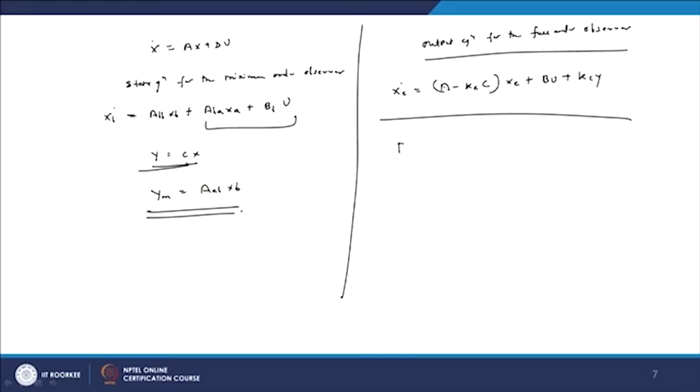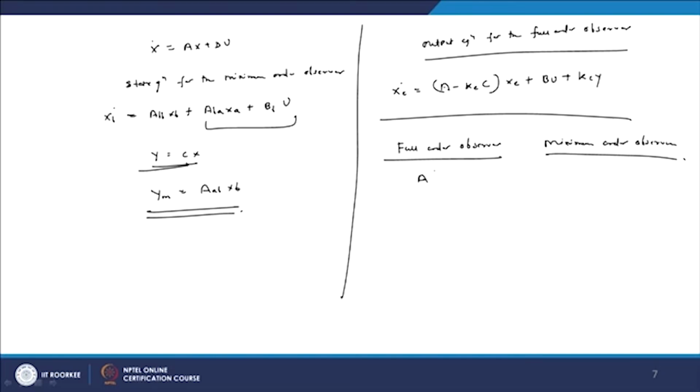Now, let us take the elements of the A matrix. For that purpose, first of all we write a table: full order observer, and here minimum order observer. In a full order observer, we have the A matrix, that is, we have x dot equal to Ax plus Bu. So, it is the A matrix.